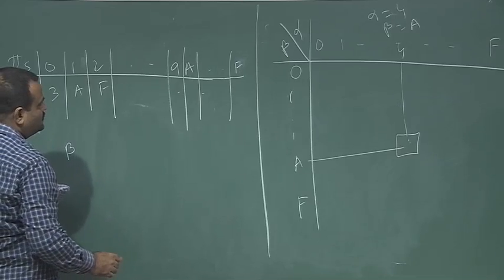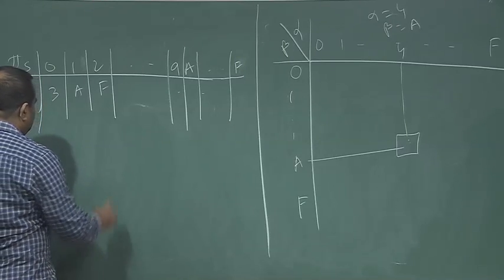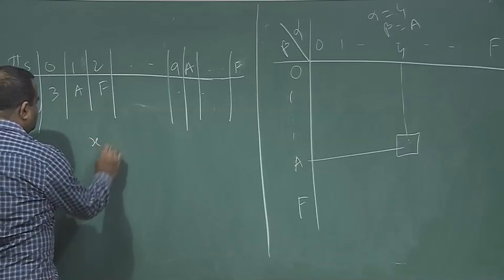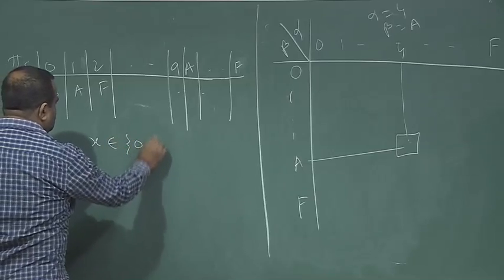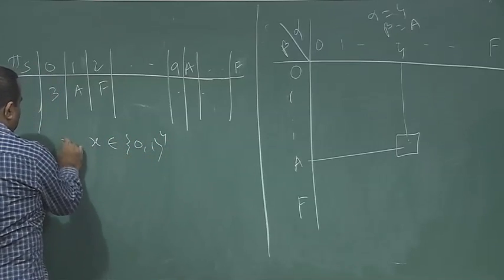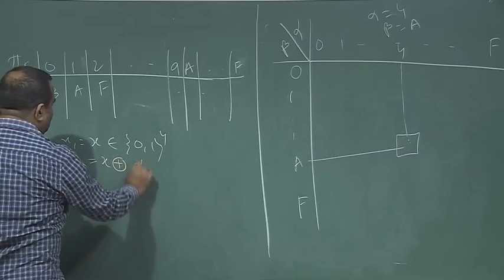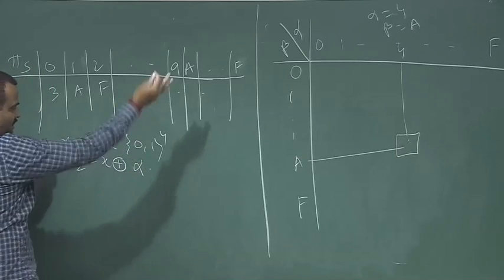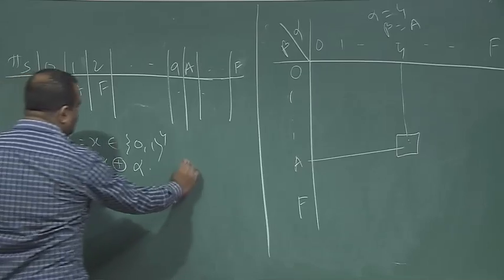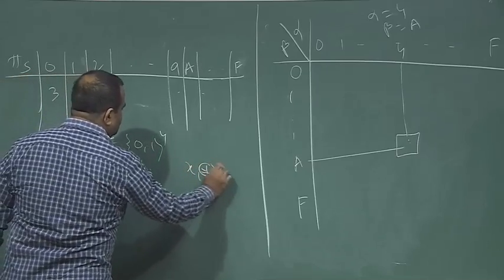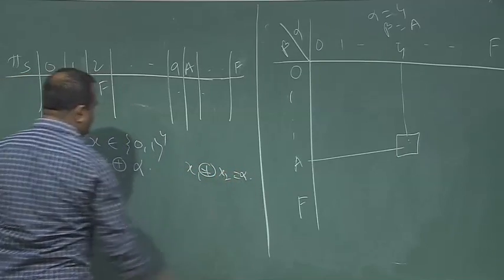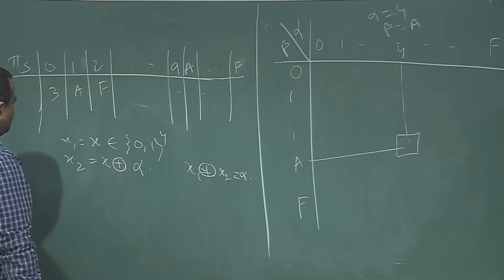The input difference is 4, so we choose an x1, and we choose x2 as x1 XOR alpha, for a fixed alpha, here 4. Then their difference is alpha.